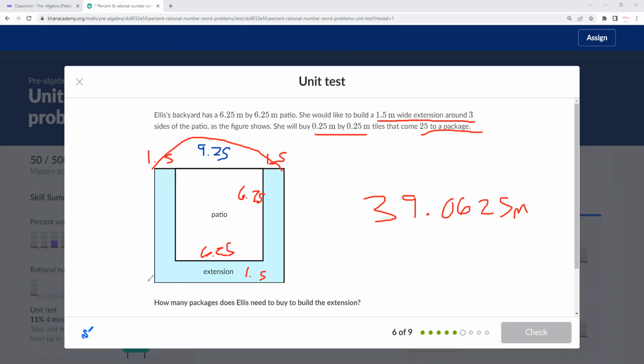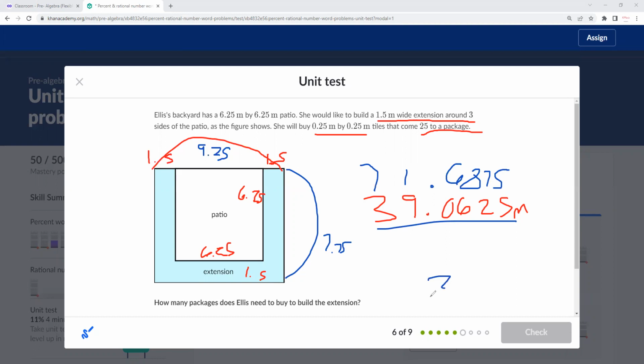And then this entire thing here is 6.25 plus 1.5, which is 7.75. So 7.75 times 9.25 gets you 71.6875. Now if we subtracted this, which is 39.0625, we would get 32.625.